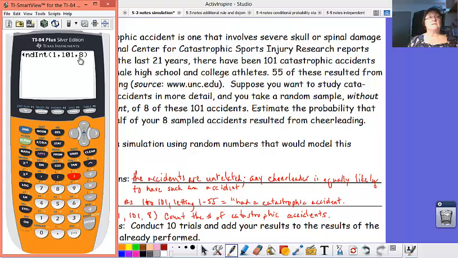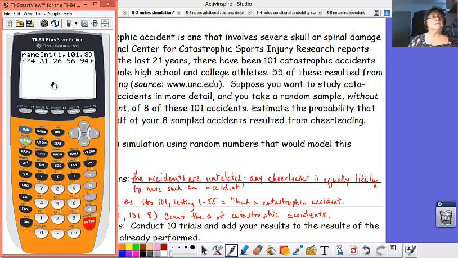If I have a repetition, I'm going to have to go again because you can't have repetition in this particular simulation. Once we choose an accident, it's chosen for good. I'm counting the number of accidents that are catastrophic. That means anything between 1 and 55. So I'm going to ask you guys to count with me.